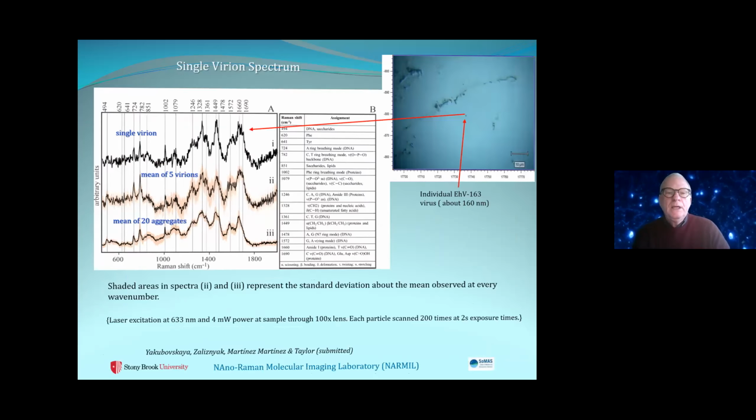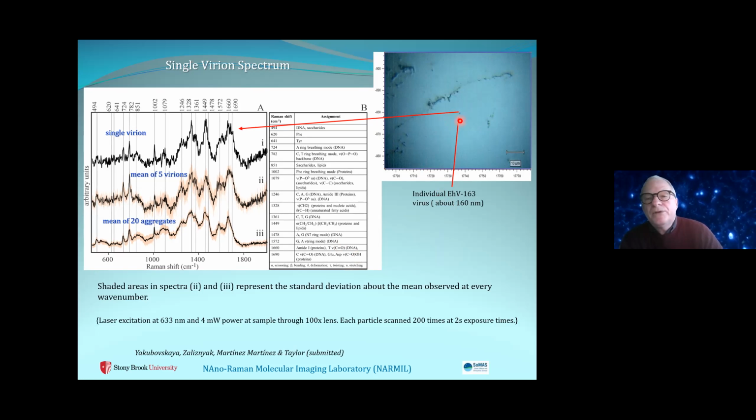After many trials and many issues, we were finally able to acquire Raman spectra from individual viruses, or virions. The target is shown here. The arrow points to the target. The upper spectrum is from that single virus.